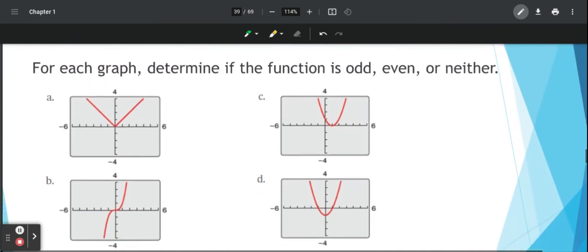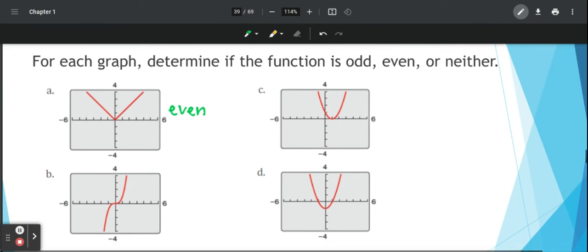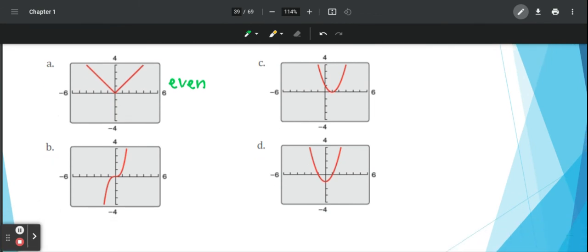So again, the even idea is if you folded your paper along the y-axis, would the graph fold on top of itself? And for A, it would. So we would say that this is even. For B, if you were to flip it completely upside down, would it look the same? And if it does, then it's odd. Or the idea that this point becomes the opposite point down here.